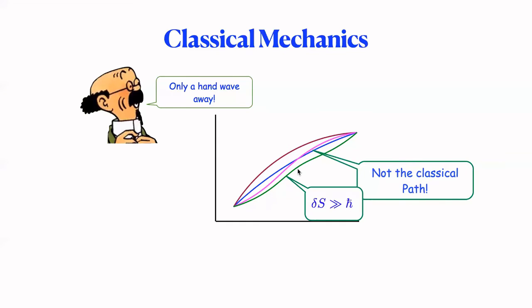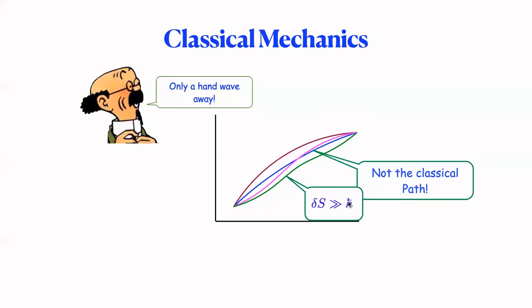If you now think of an arbitrary path like this green path, and the action that corresponds to the magenta or rose colored path, these actions will be different. The value of S for this and the value of S for that are going to be different, and that difference I will denote as delta S. Imagine that you are thinking of the limit where h cross is very small.